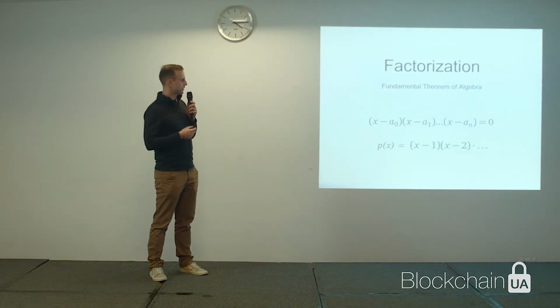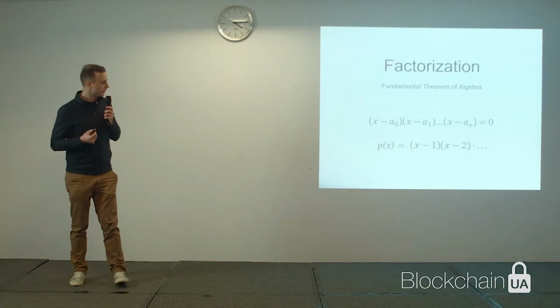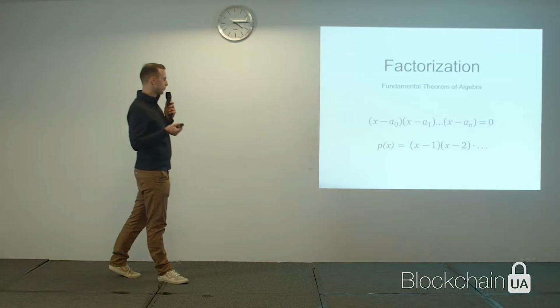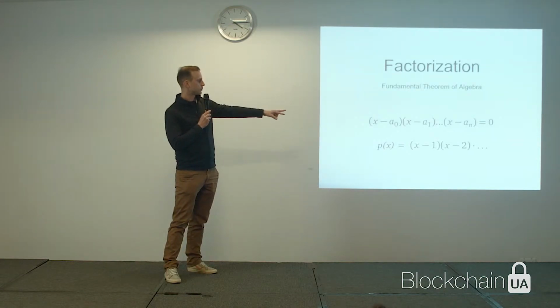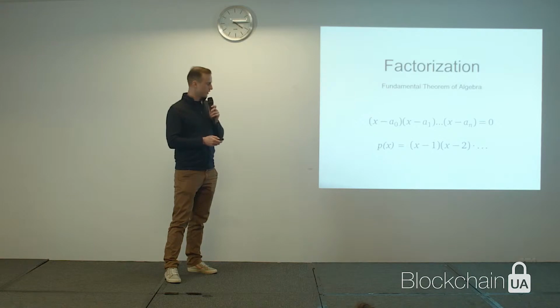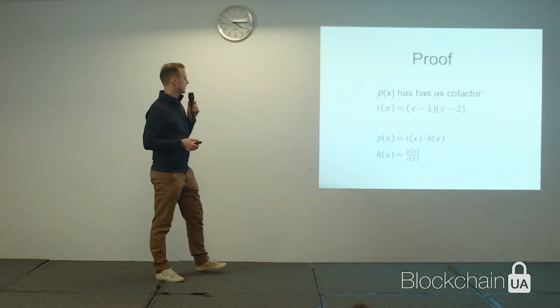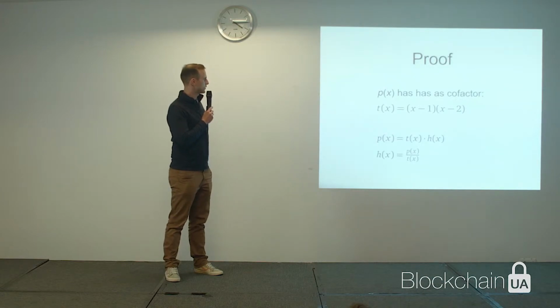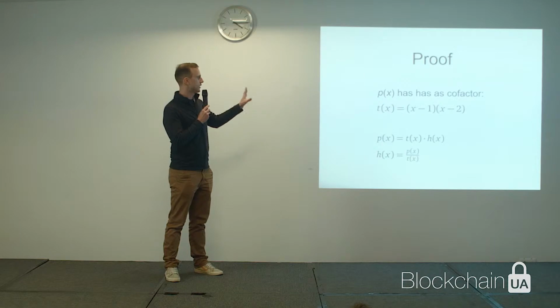So this means basically that if I am the prover, what I need to prove is that my polynomial has x minus 1 and x minus 2, those solutions, as cofactors of my polynomial. So what is the proof in this case?